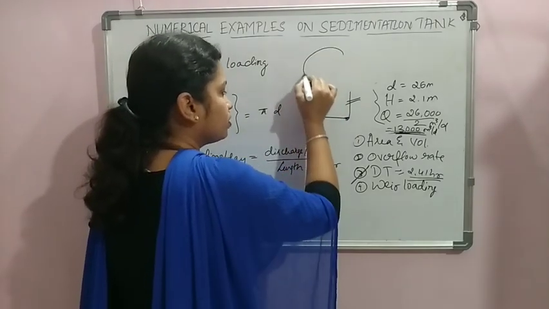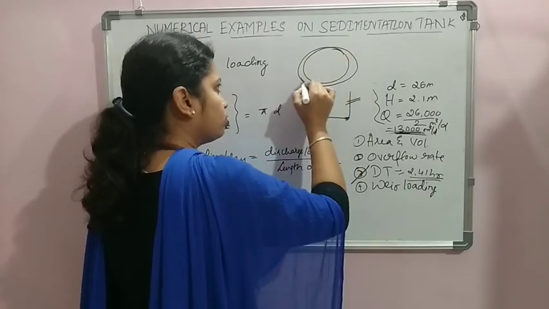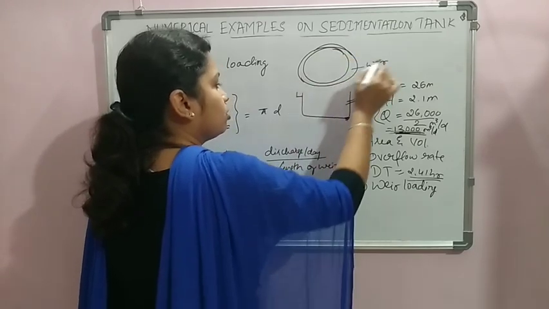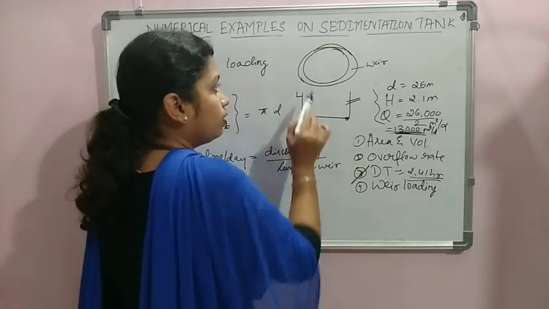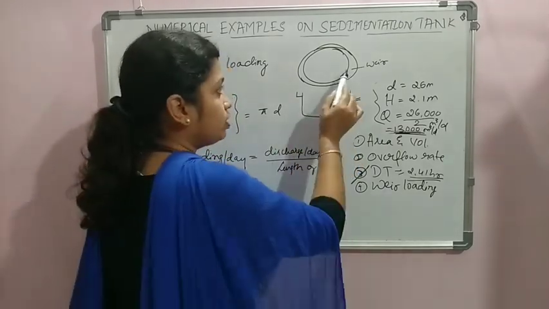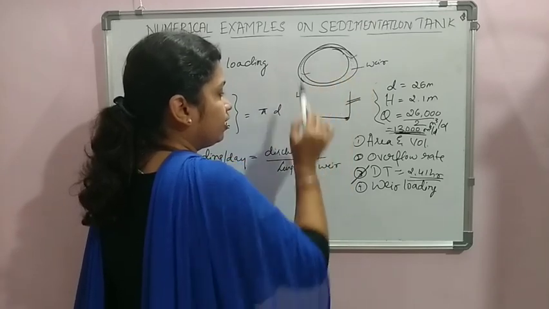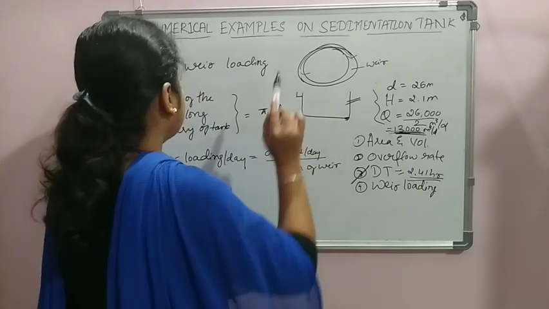If this is the circular structure, throughout the structure we provide one channel-like structure. That one we call a weir. So rather than entering through a single point, the water entering the sedimentation tank enters the weir, and then gradually enters the sedimentation tank. This is the idea behind providing the weir.